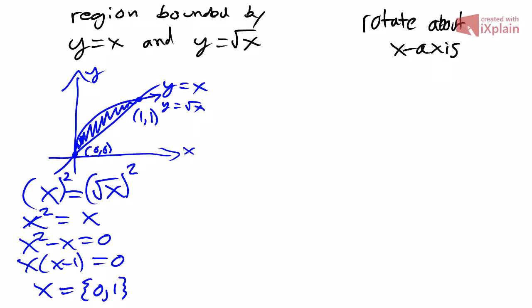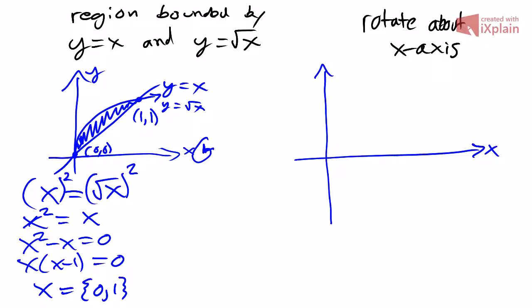Okay, now let's sketch our solid. We're rotating around the x-axis. So draw our graph. Okay, so we'll draw the region up here. And now we draw the mirror image below the x-axis.